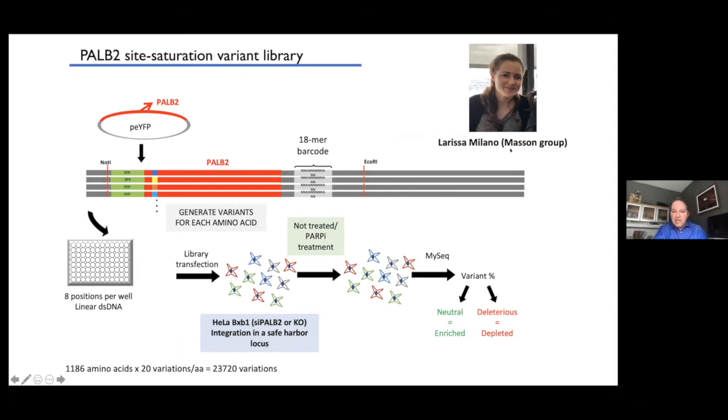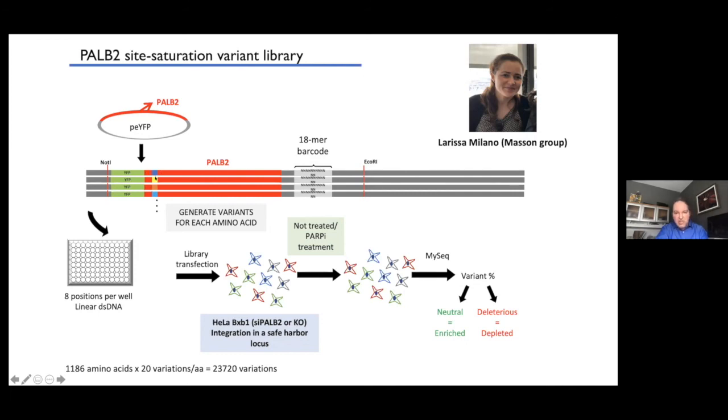Larissa Milano in the lab started to do the PALB2 site saturation variant library preparation. We generated a PALB2 library where we have all the possible mutations. PALB2 is 1186 amino acids. If you multiply by 20 variations per amino acid, we're nearly at 24,000 possible variations.